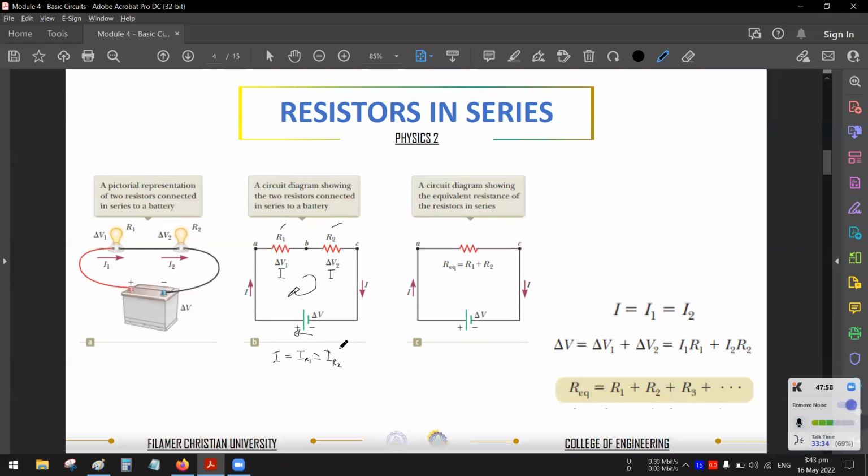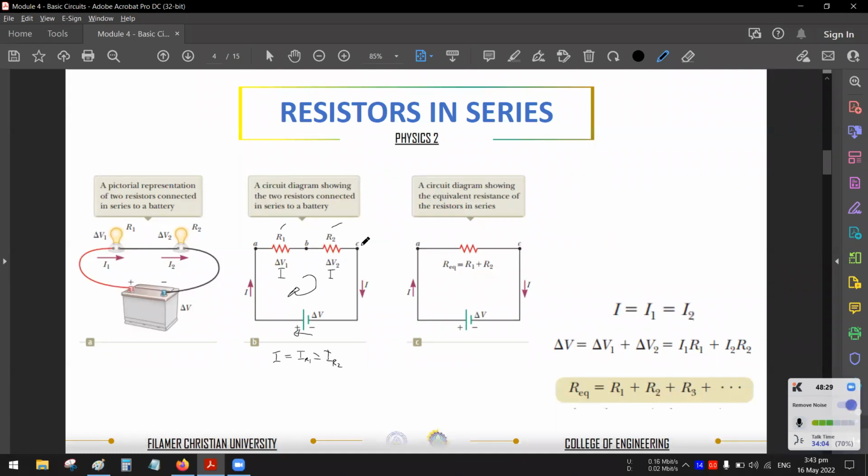So the potential difference applied across the series combination of our resistors divides between the resistors. If we look here, there is the voltage drop from A to B. When our voltage passes through here, obviously it drops. The voltage drop from A to C as well.